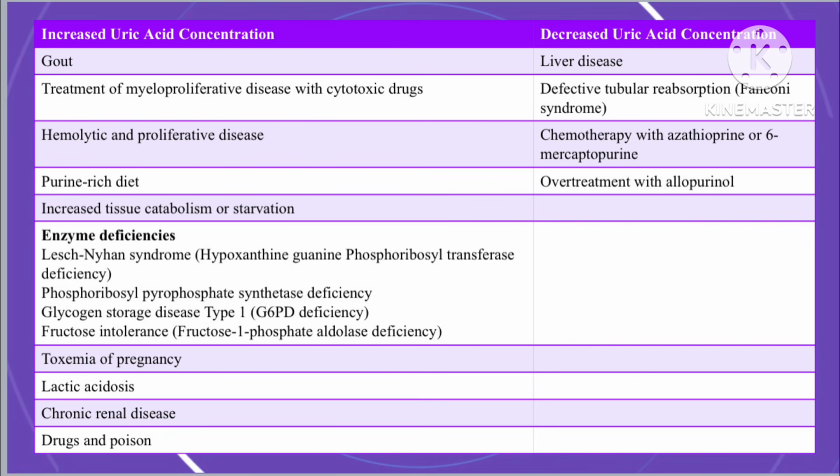That's why it can cause decreased uric acid concentration. So if you know anyone, class, you tell them that lifestyle adjustments such as avoiding purine-rich foods, also drinking plenty of water, limiting alcohol intake, and maintaining a healthy weight are also effective preventive measures.